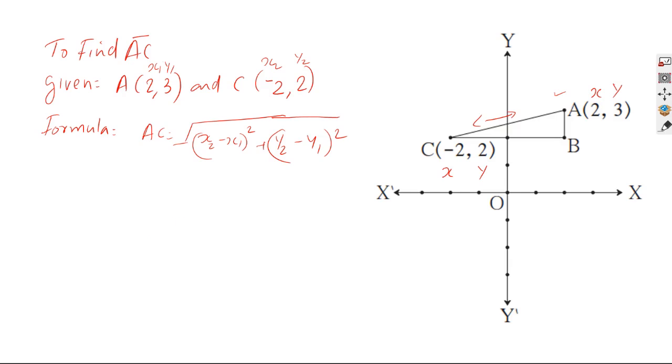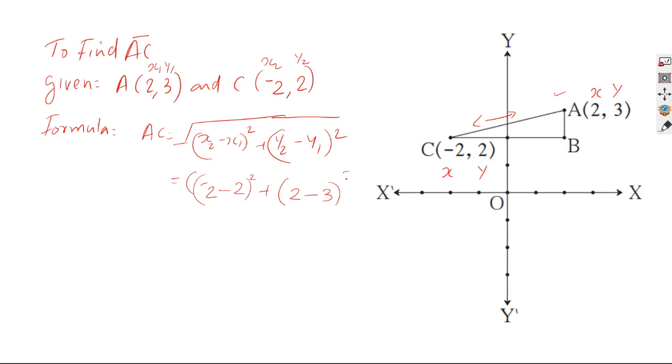As I told you, it is not that important which one is x1. So in that case, we will be writing over here: x2 is equal to -2 and x1 is equal to 2, so the whole square, and plus y2 is equal to 2 again, and y1 is equal to 3.